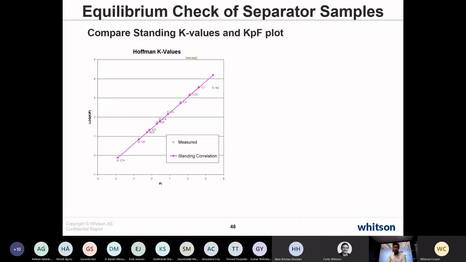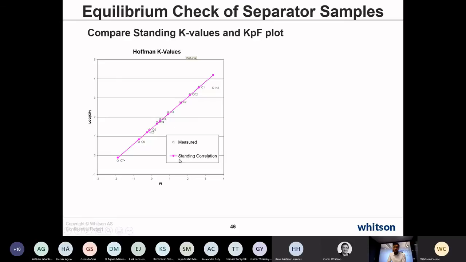And what that plot shows us actually, that's something we plotted yesterday during the exercise, is that if you plot log of KiP versus Fi, then generally it's a straight line. And if we have the lab data, the measured compositions xi and yi of the separator gas and separator oil, they should follow the straight line, for example, from the Standing correlation.